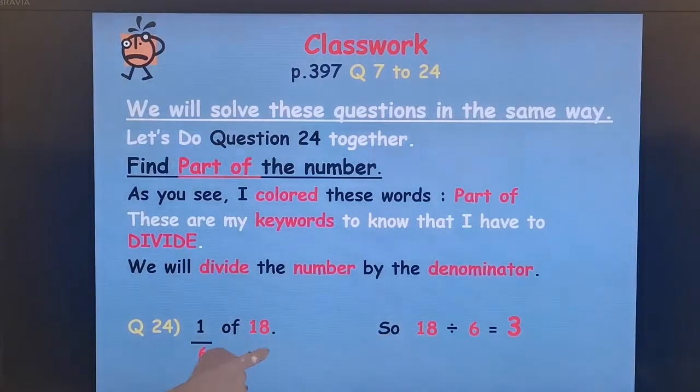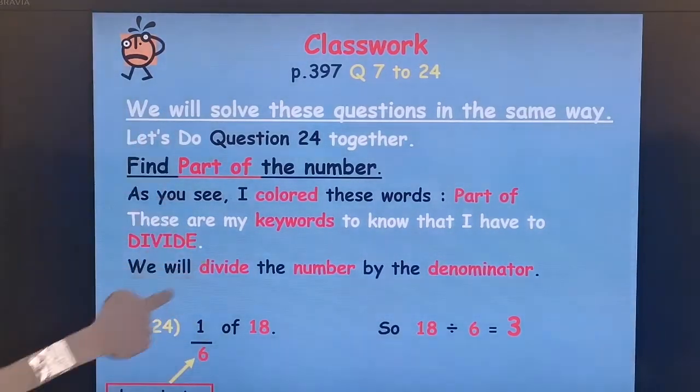So all I have to do is start with what you end with, this number. 18 divided by 6. Let's draw a rainbow. 18 divided by 6, and this will equal 3. How do we know that it's 3? Skip count by 6 until you reach 18 and you will know that it is 3.